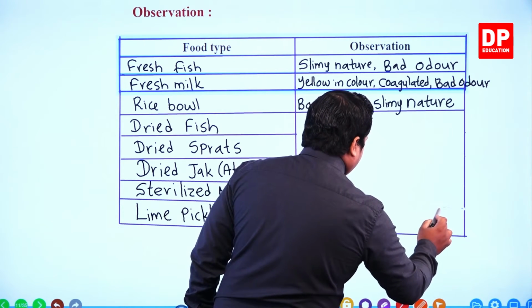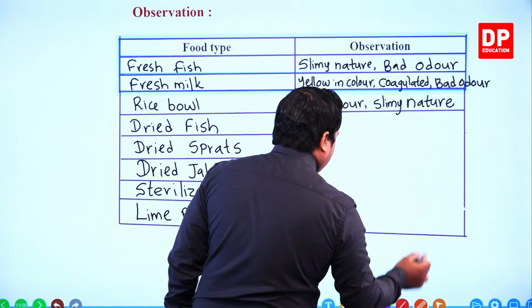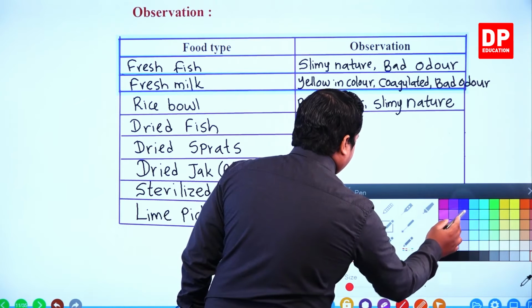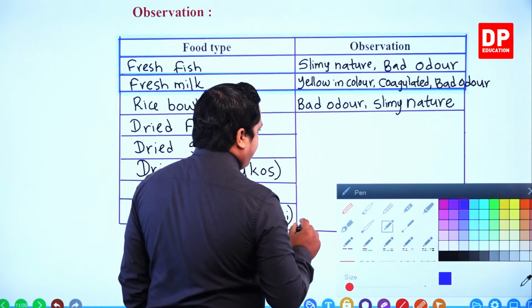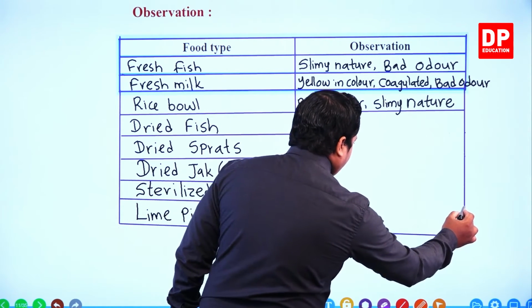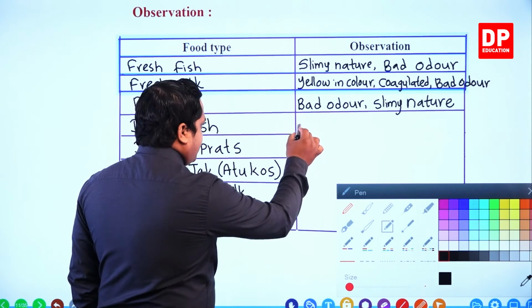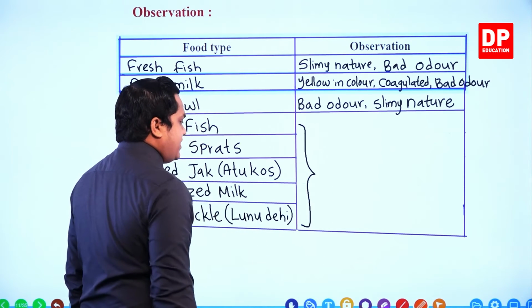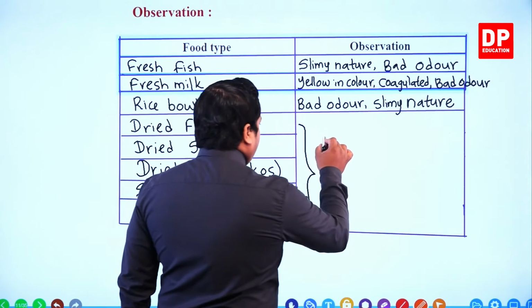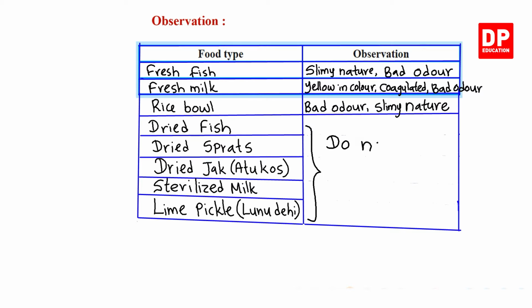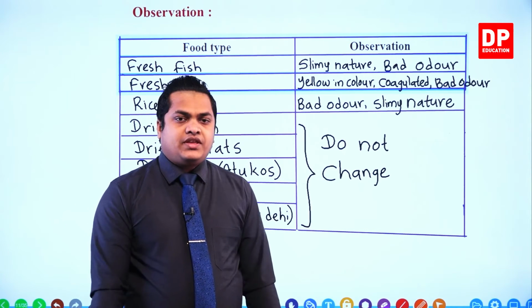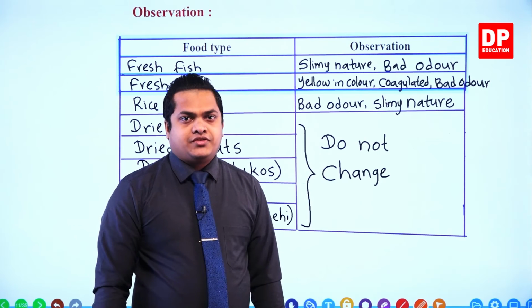Just by a single column, I can mention it like this. All of these food items, my dear children, do not change.